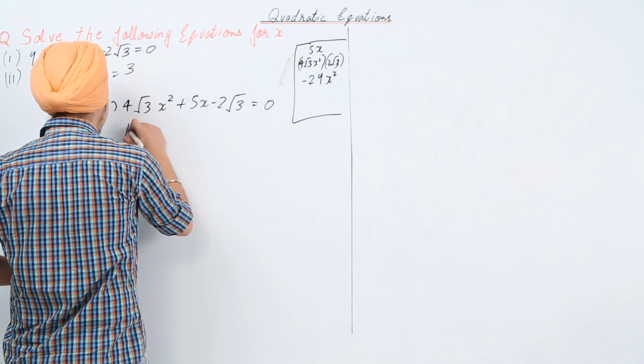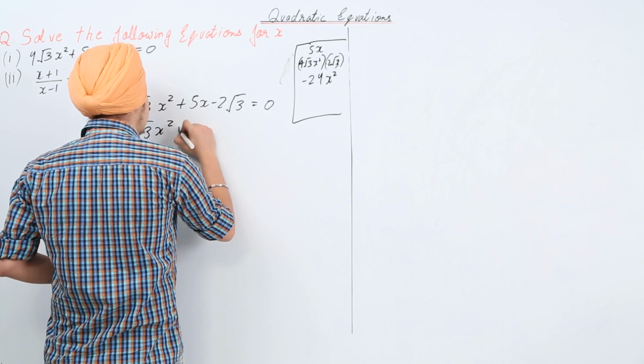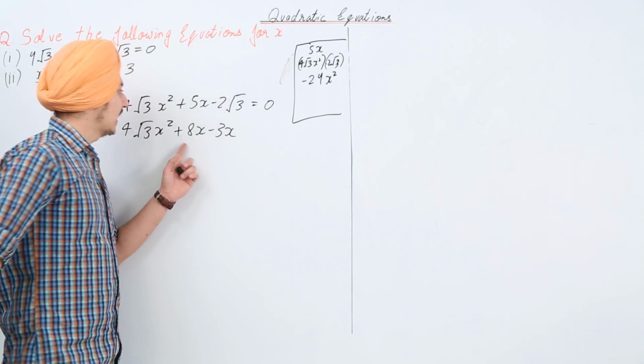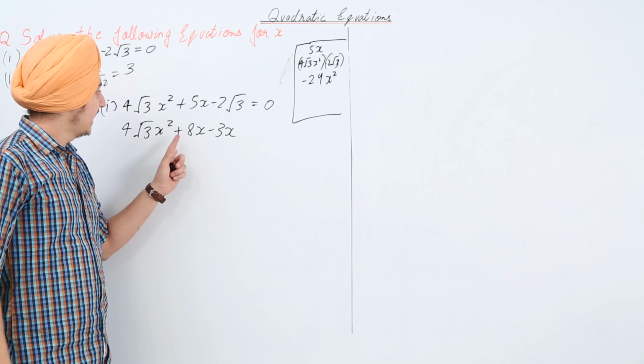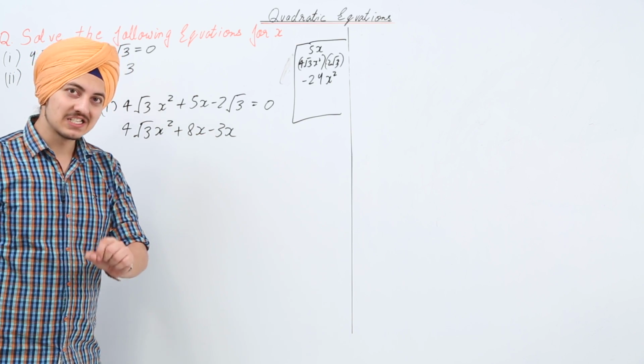So we write 4 root 3 x square plus 8x minus 3x. So 8x minus 3x is 5x, and 8x into minus 3x is minus 24x square.